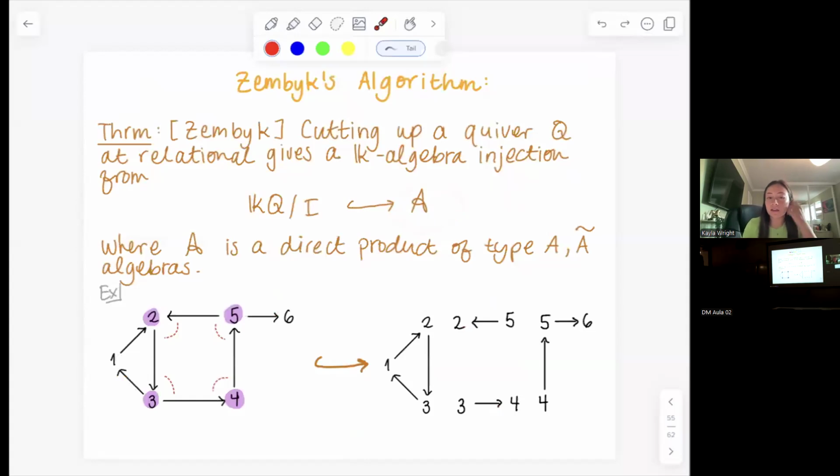So the idea is if you have some kind of complicated KQ mod I, there's a way that you can embed it into a nice product of algebras that are of type A and A tilde. And I think that we saw this for type D too. So yeah, this is why we call it Zembyk's algorithm, because we saw that this was an algebraic result that we were kind of doing topologically by accident. Okay.